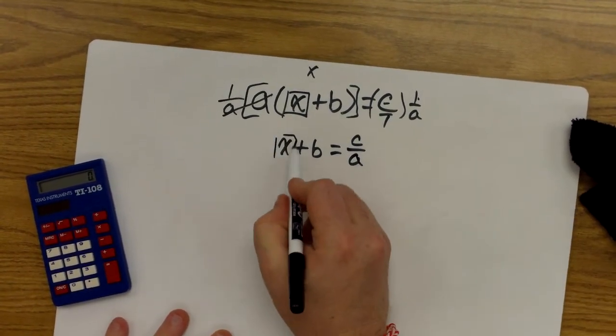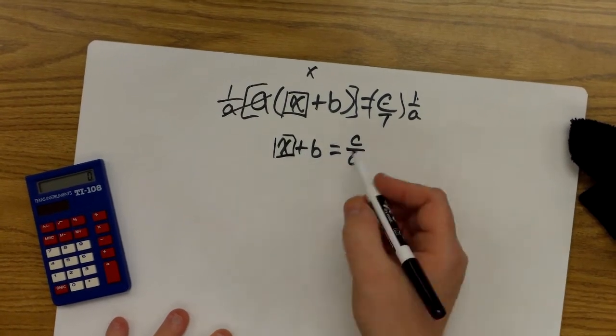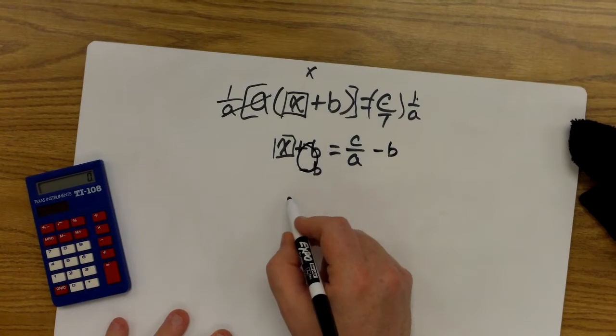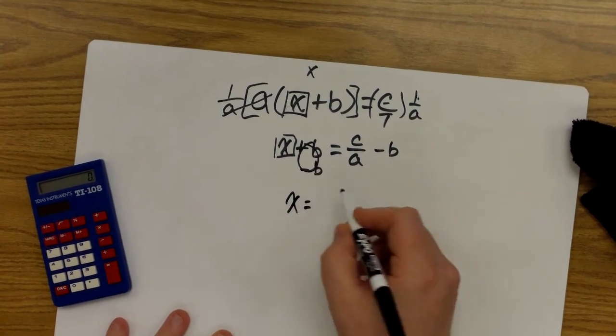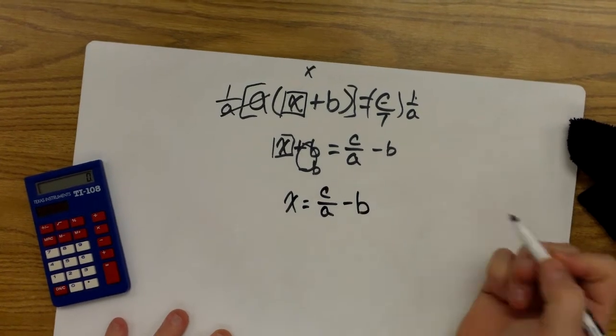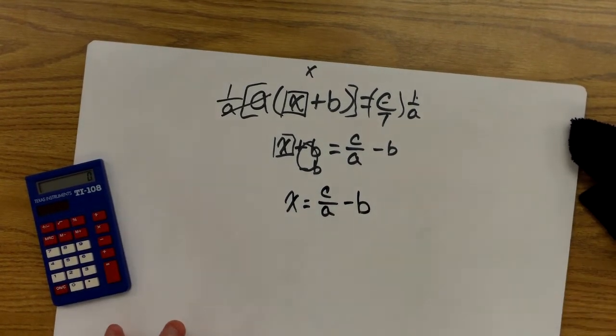And then I want to get rid of my plus B, so I'm going to go ahead and subtract B from both sides. That gives us a 0, so that X then would equal C over A minus B. We're going to go ahead and try one more of these, where we have to factor out a common term.